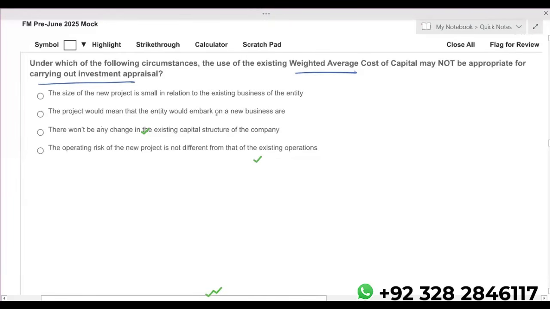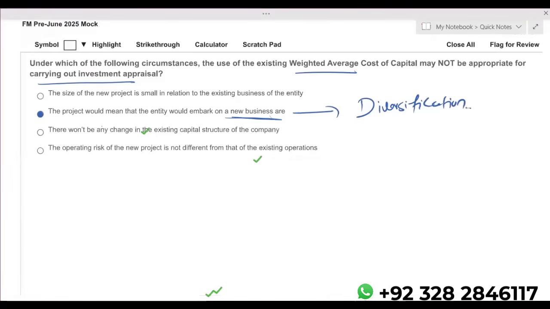The project would mean that the entity would embark on a new business. That is diversification. You cannot use existing WACC. In case of diversification, your business risk changes.